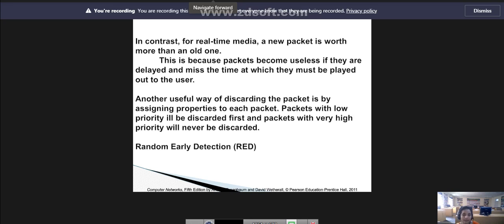Another useful way of discarding packets is assigning priorities to each packet. Packets with a low priority will be discarded first, and packets with a very high priority will never be discarded. Random early detection (RED) is used in load shedding.